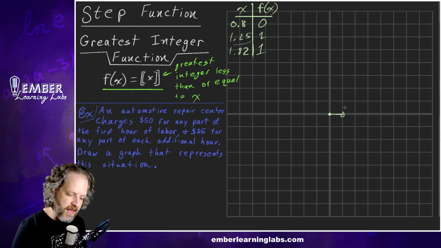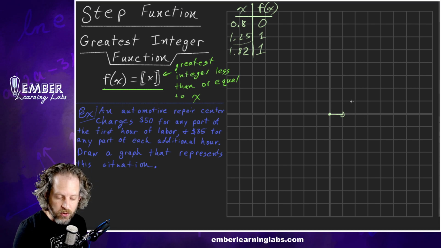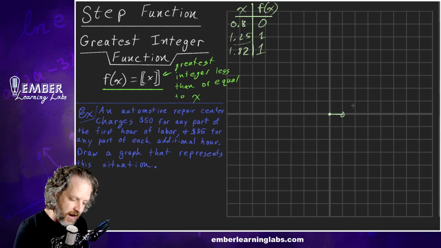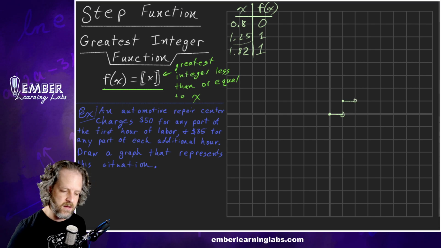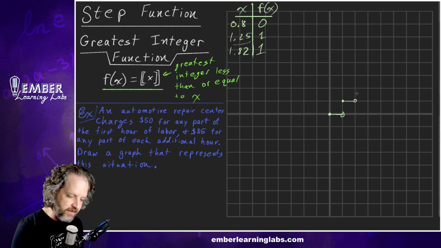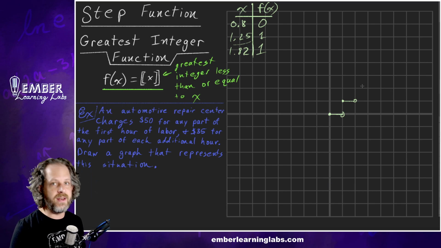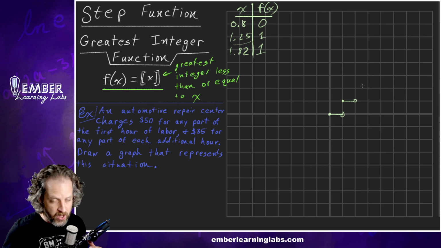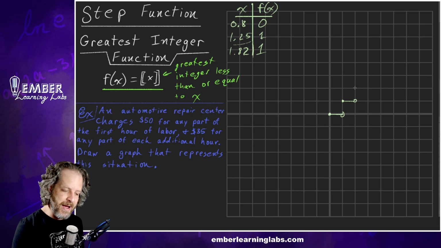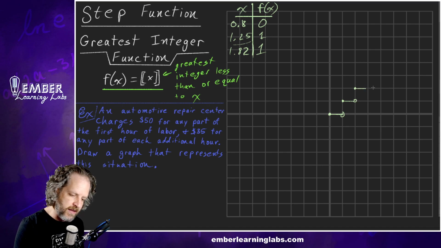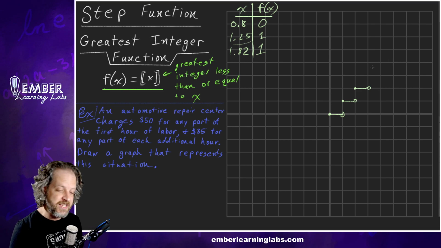Then if I put in anything 1 or greater, but not 2, it's going to be 1. If I plug in 2.6, 2.5, 2.8, 2.973654321, then it's going to come out as a 2. It's going to make a stair-step pattern, hence the title step functions.